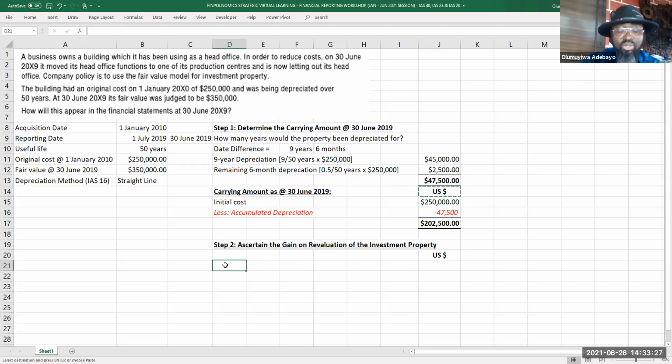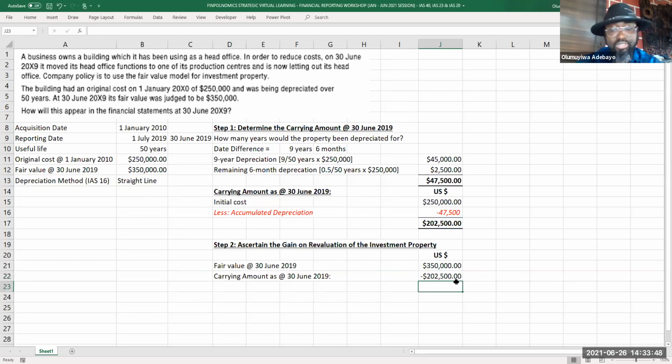And what we do is we compare the fair value compared to the carrying amounts. What is the fair value? 350. What is the carrying amount? 202,500. What is the difference?